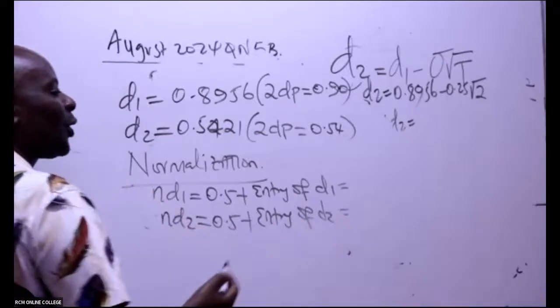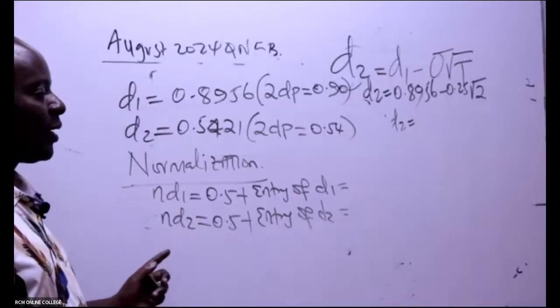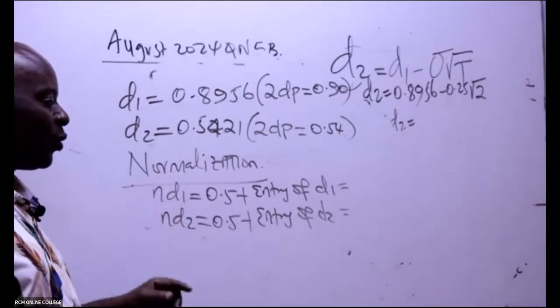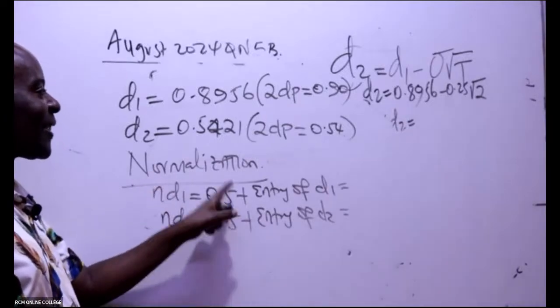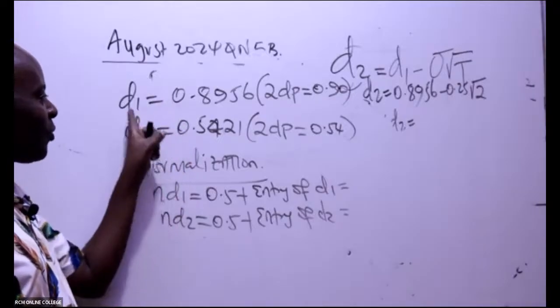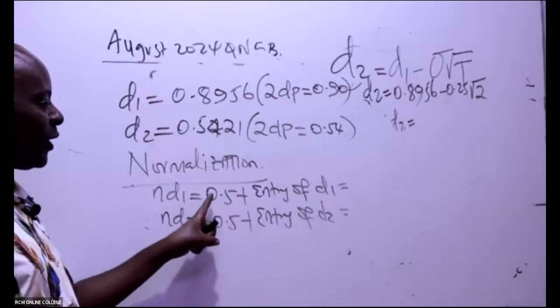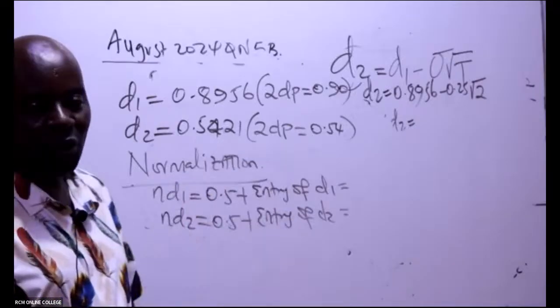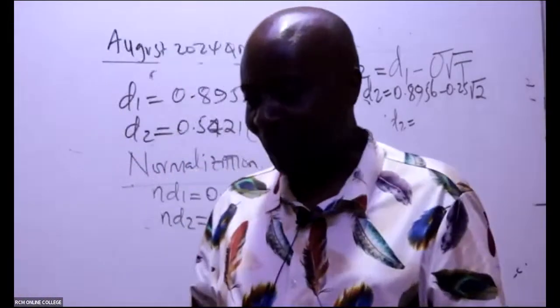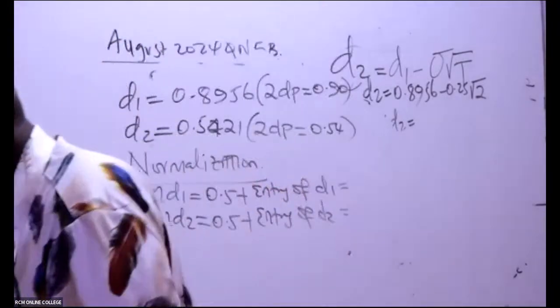If you're using a calculator, it's quite fast. So 0.5 plus entry of D1. Why am I saying plus? Because the figures are positive. If any figure was negative, assuming D1 was negative, then I would have said 0.5 minus entry of D1. Our figures here are positive.